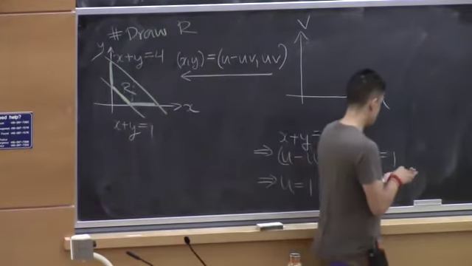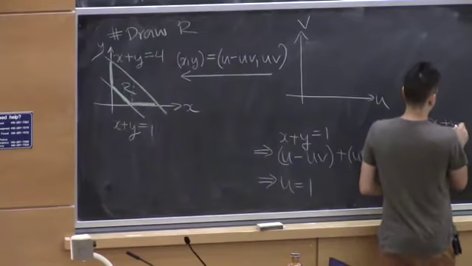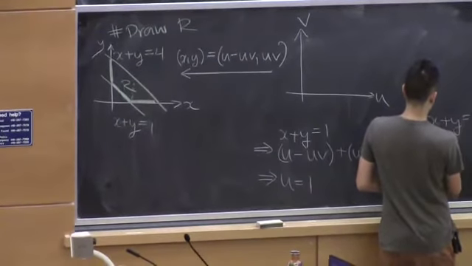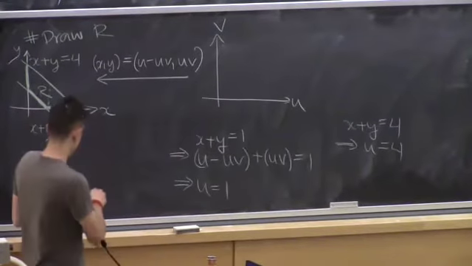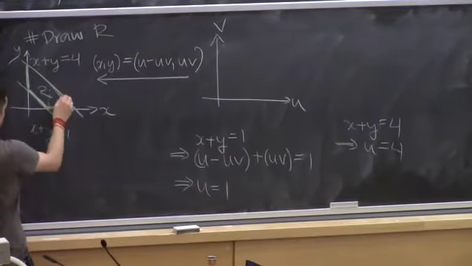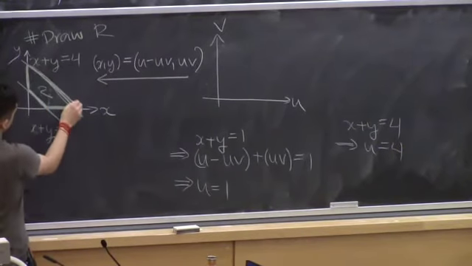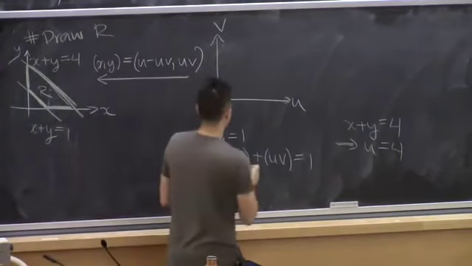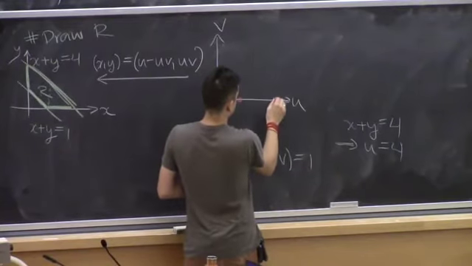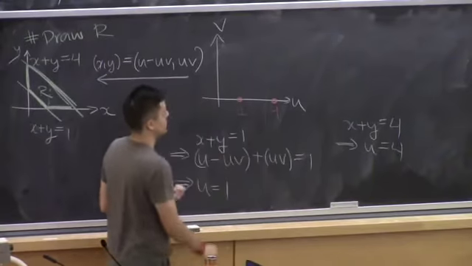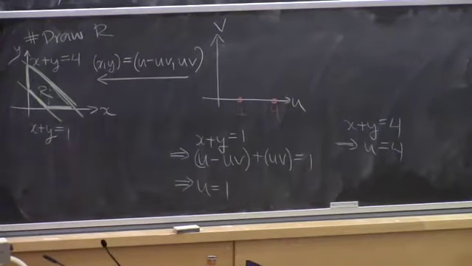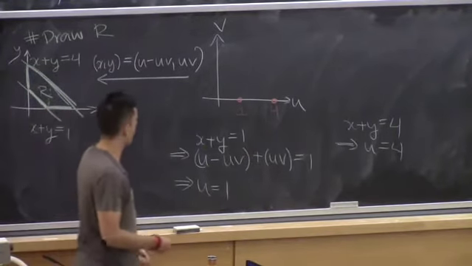Okay, similarly, along this edge, u is equal to 4. Okay, so things look like that. And now we have to figure out what's going on these edges here, on these two guys.